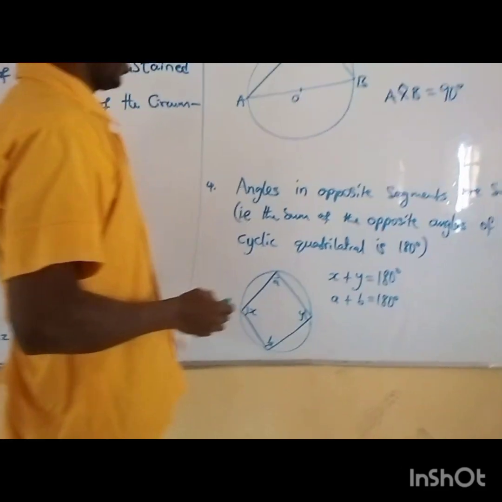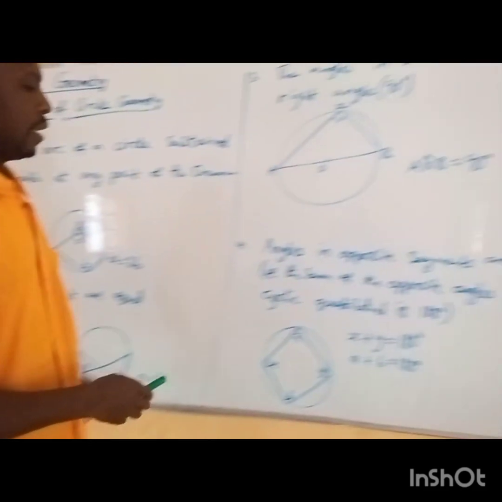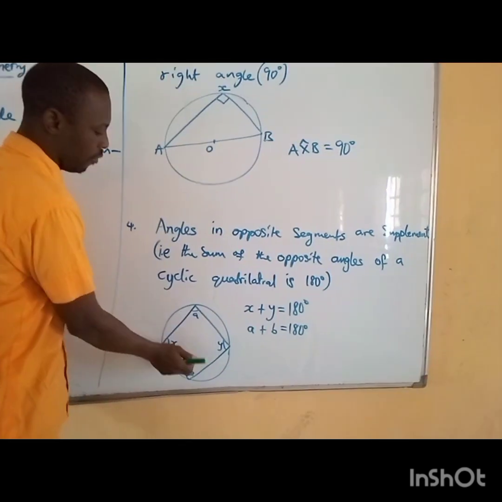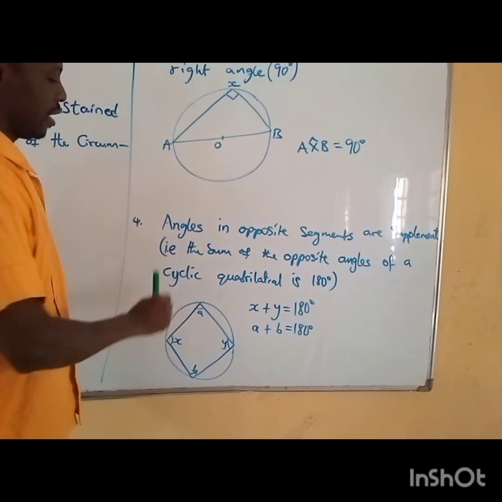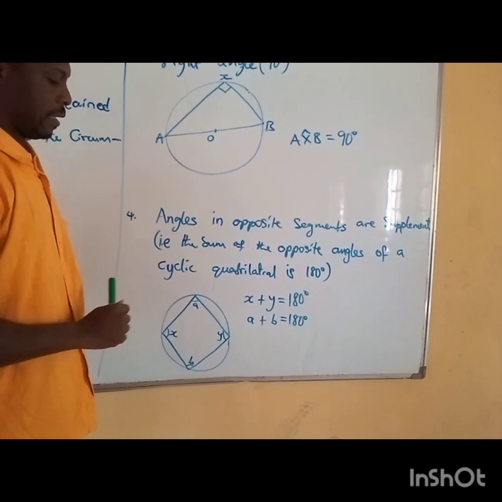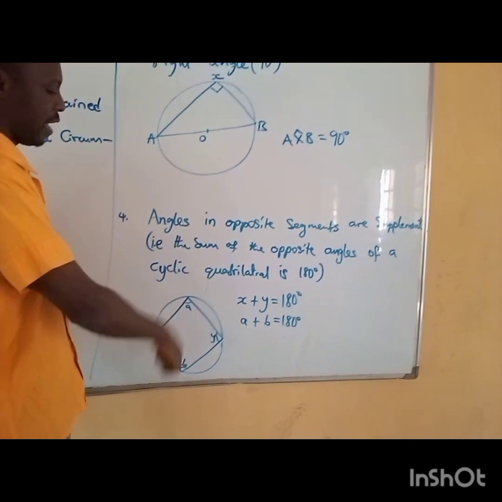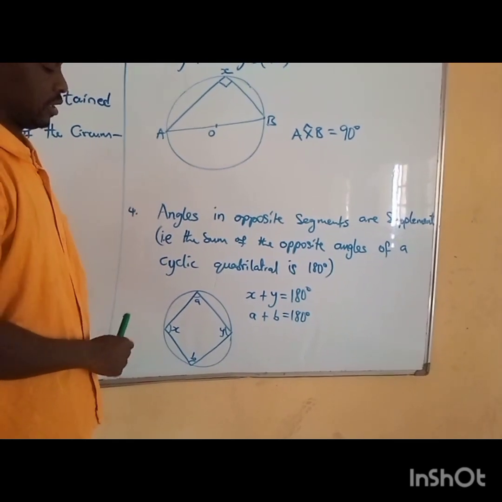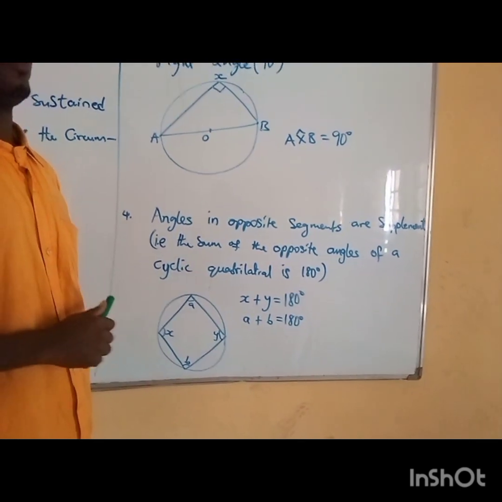That's the fourth theorem. That is, the sum of opposite angles in a quadrilateral is equal to 180, and the four of them is equal to 360, which is the total angle of a circle.